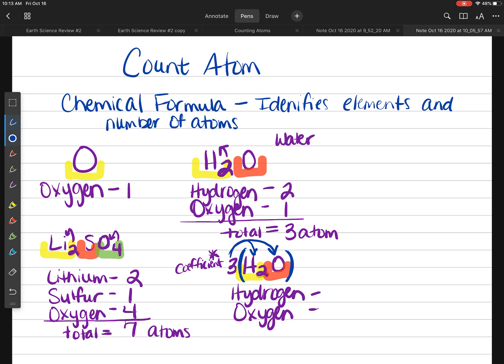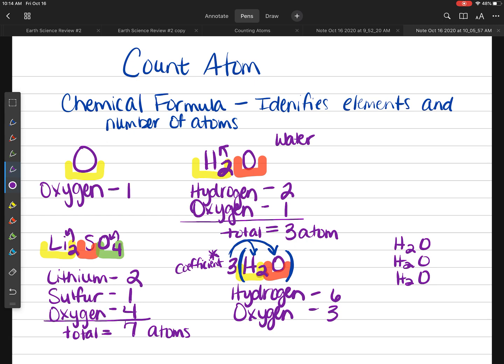So if we have 3 H2s, that means we already had 2 hydrogens. Now we're going to have 3 sets of 2 hydrogens. So you're going to say 3 times 2, and that is going to be 6. And then you're going to do 3 times O. There's no subscript, so that's an understood 1. 3 times 1 is 3. Now, the other way you can look at this is that we have H2O, H2O, and H2O.